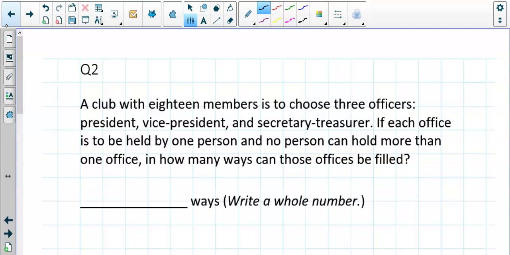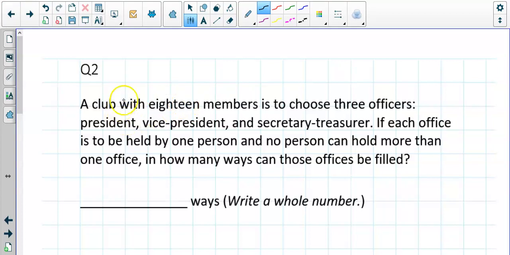And so this is one of those cases where order matters to us because the way our club will be run, depending on who's president, vice president, and secretary/treasurer, always different outcomes. You can also think of when you're looking at permutations, is there like a ranking system? And obviously in here, the president's the best, and you got the follow-up, and then the secretary. It's like a first, second, third. And that's always going to be a permutation.